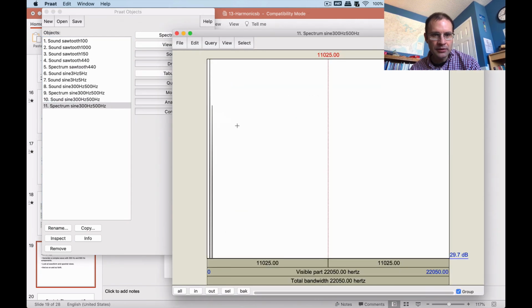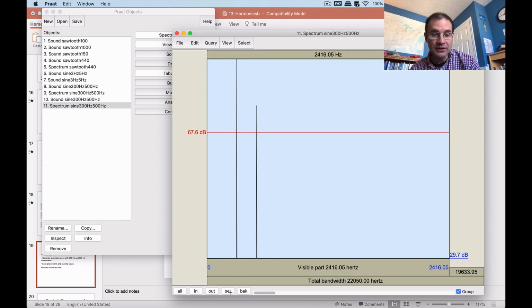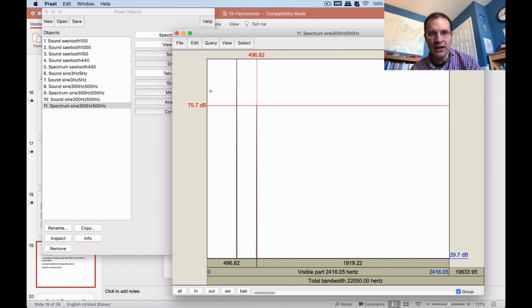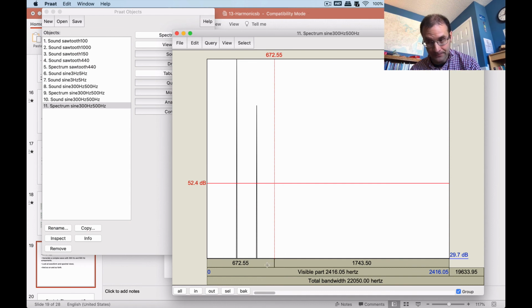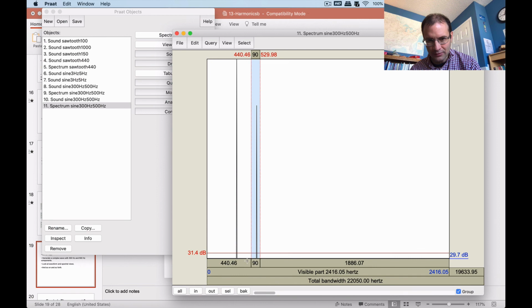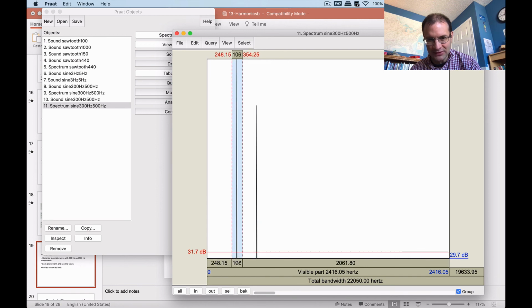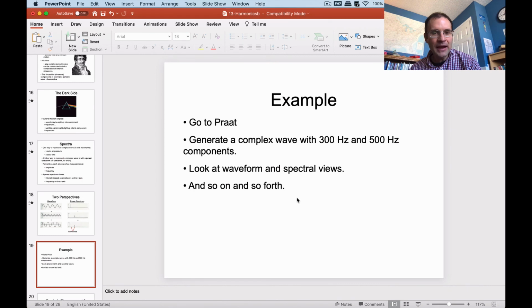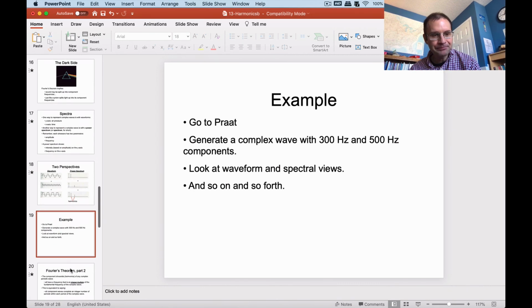So going back to here, the sound will sound different as well, but my higher frequency harmonic doesn't go up as high in the intensity scale. It goes up to about 76. And this one's still at 90. And it sounds maybe a little quieter. This one is not as intense as this one. Anyways, that's how you get a power spectrum in Praat.